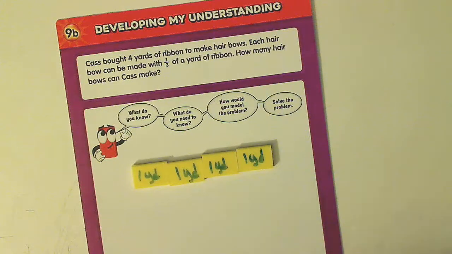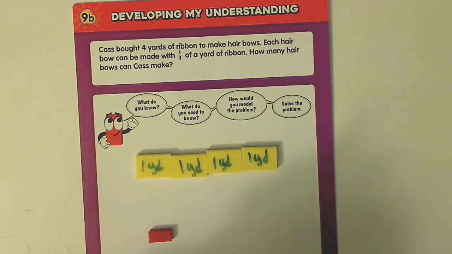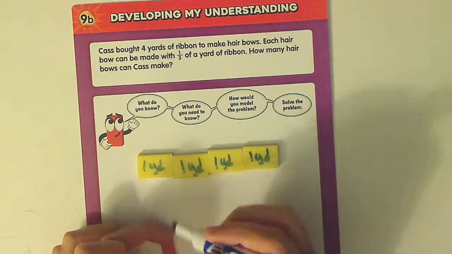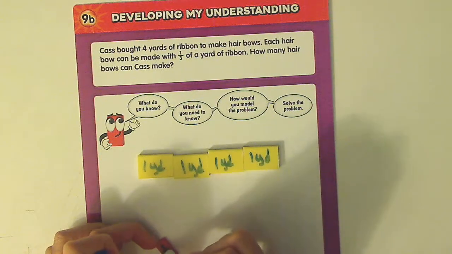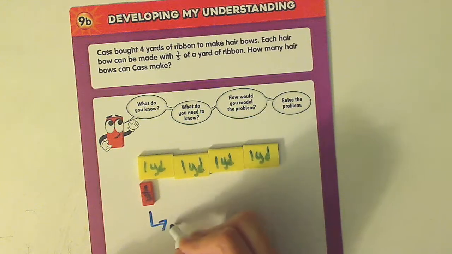And we know that each bow takes a third. And so one of these bars would represent the 1/3 that it takes for 1 bow.